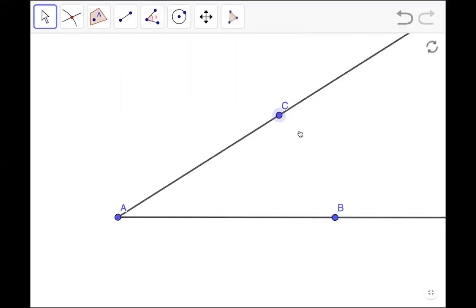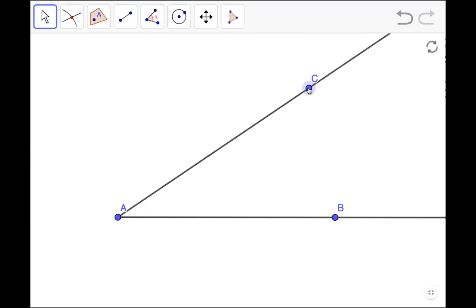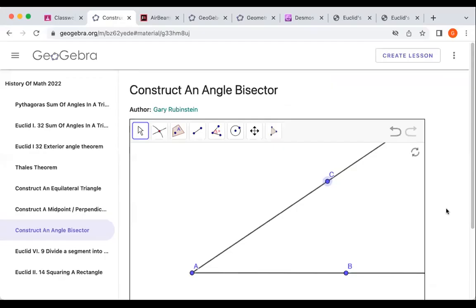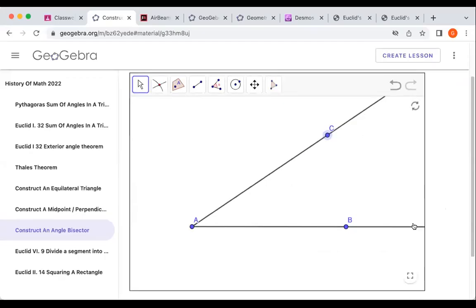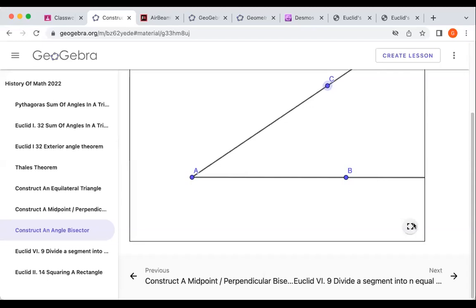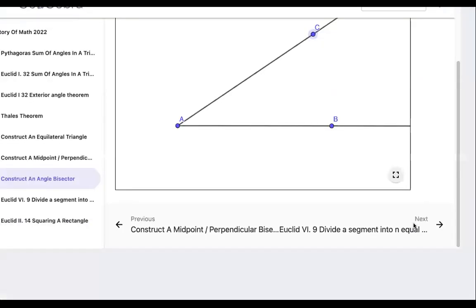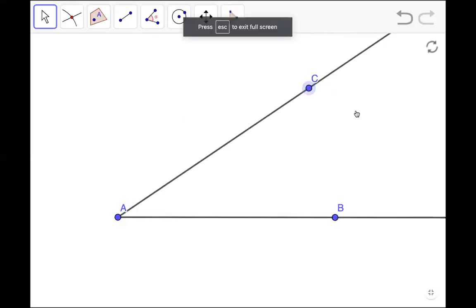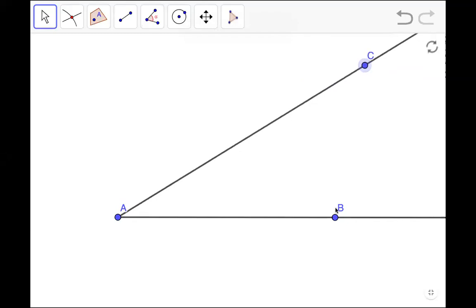You can change the angle that you want to bisect. These two points, B and C, they're not used in the construction. They're just so that you'd be able to change the angle to make sure this thing still works.